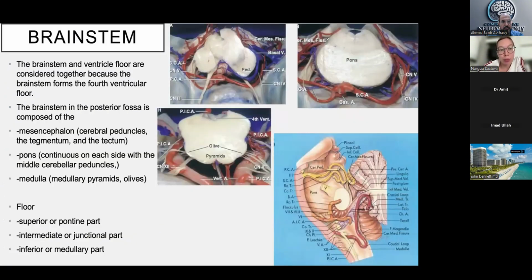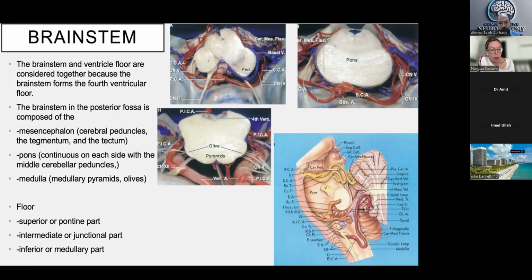When we talk about the brainstem, we have to say the brainstem and the ventricle floor are considered together because the brainstem forms the fourth ventricle floor. The brainstem in the posterior fossa is composed of the mesencephalon, which has the cerebellar peduncles, tectum, and tegmentum; the pons, which is continuous on each side with the middle cerebellar peduncles; and the medulla, which contains the medullary pyramids and olives.